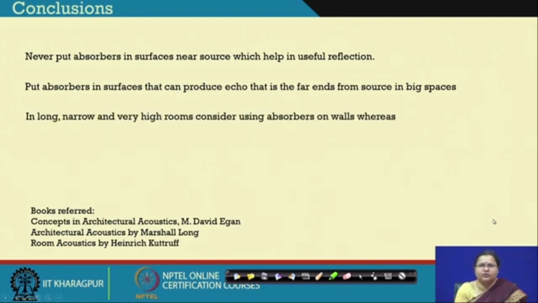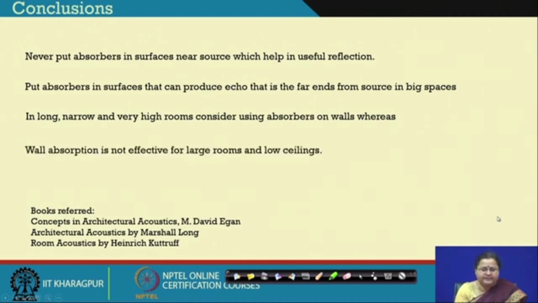In long, narrow and very high rooms, consider using absorbers on the walls, which we had shown through the graph earlier, and wall absorption is not much effective for large rooms and low ceiling.